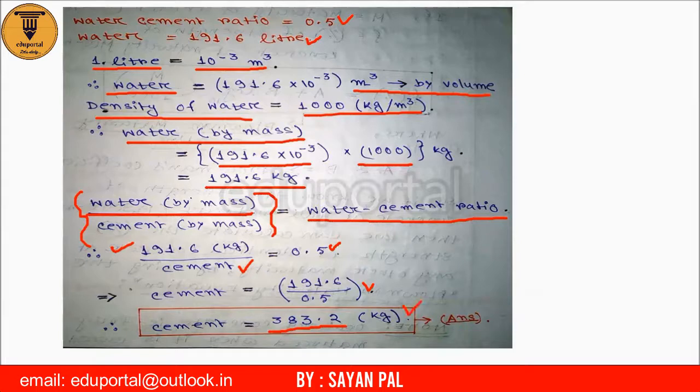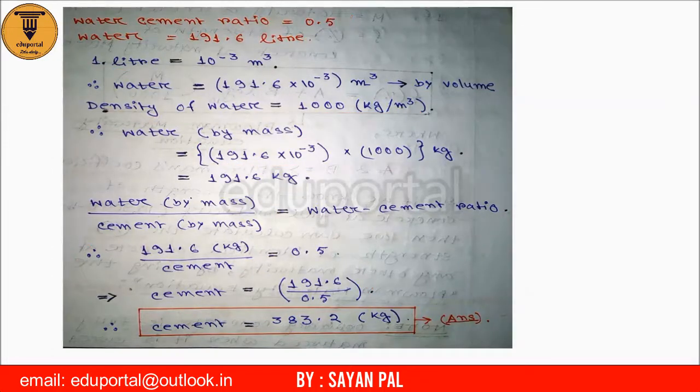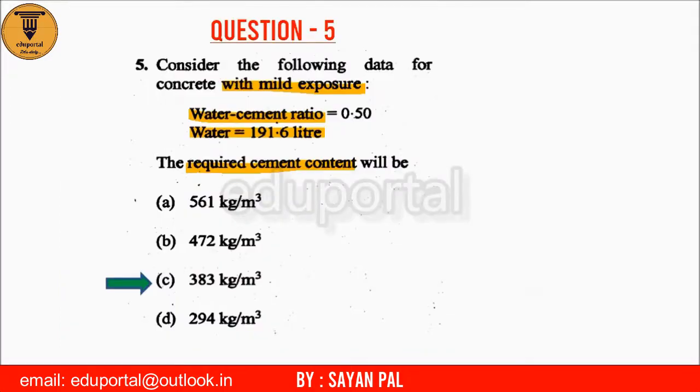Okay, so this is the answer. We will check the options: 561, 472, 383, 294. We get 383 kg per meter cube as the required cement content. Okay, we will move on to the next problem, question number 6.